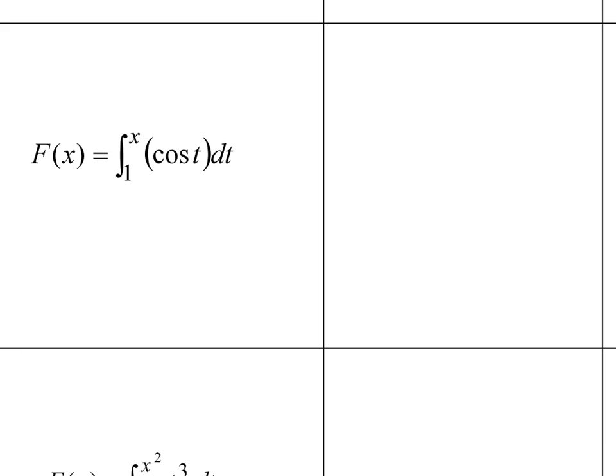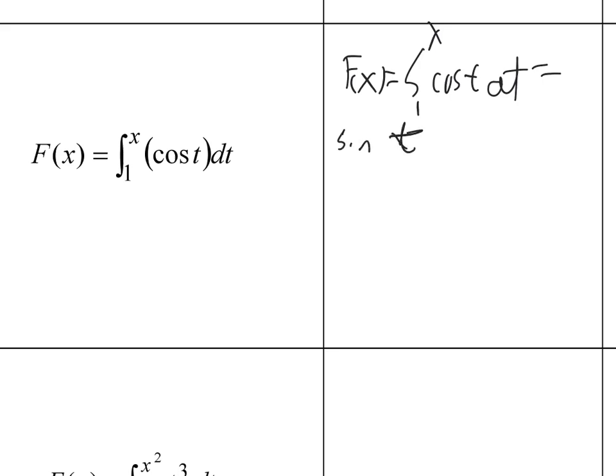Do it the old-fashioned way. I think we did one just like this. Big F of x will be the integral from 1 to x of cosine of t dt. That equals sine of t from 1 to x, which equals sine of x minus sine of 1.